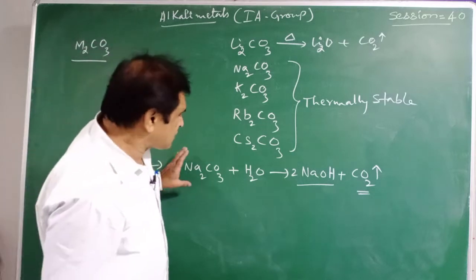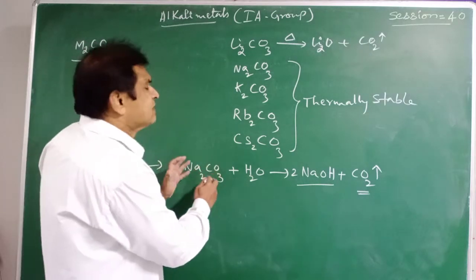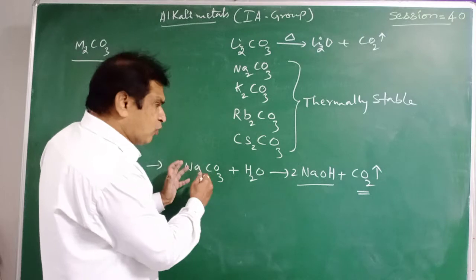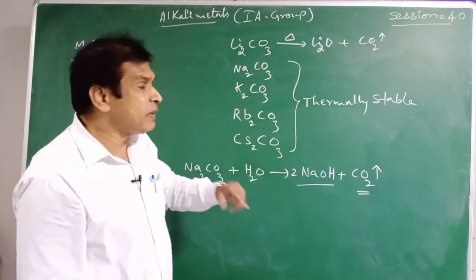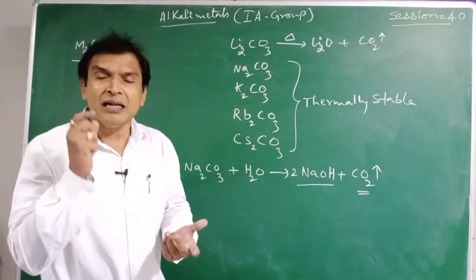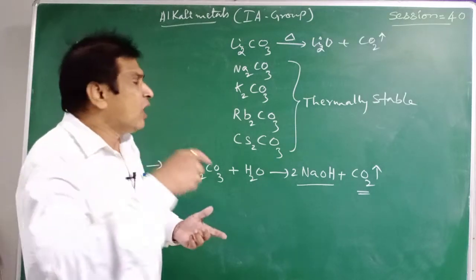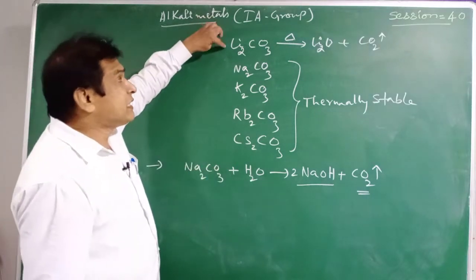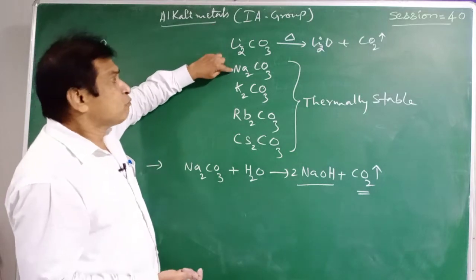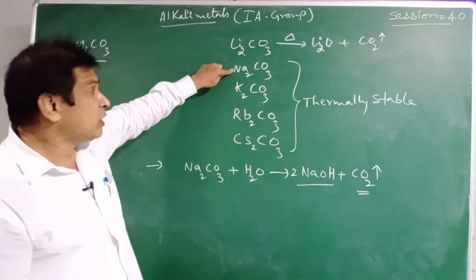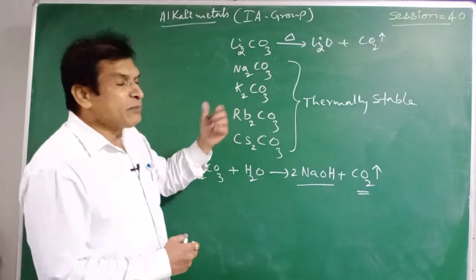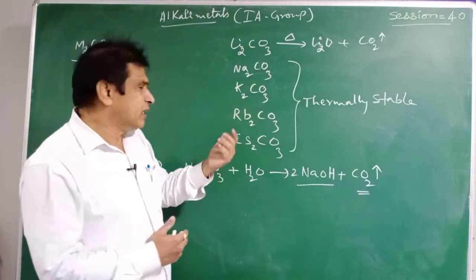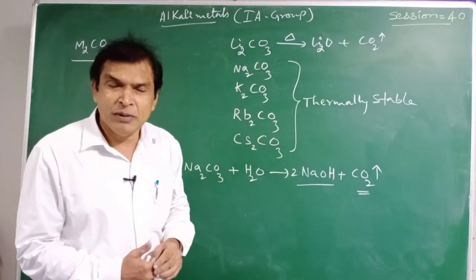When carbonate is added to water, the carbonate compound dissolves and forms the corresponding hydroxide. That means it gives the corresponding alkali solution. Lithium carbonate gives lithium hydroxide, sodium carbonate gives sodium hydroxide, potassium carbonate gives potassium hydroxide, rubidium carbonate gives rubidium hydroxide, cesium carbonate gives cesium hydroxide.